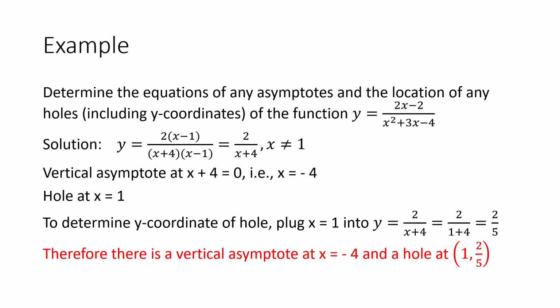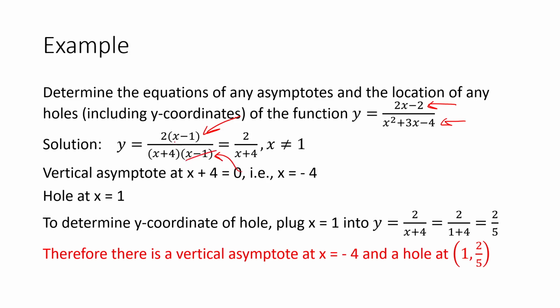So for example, suppose we were given the function y equals 2x minus 2 over x squared plus 3x minus 4, and we wanted to determine equations of any asymptotes and locations of any holes. Well, to do this, we're going to simplify the numerator and denominator through factoring. And when we do that, we get these expressions here.